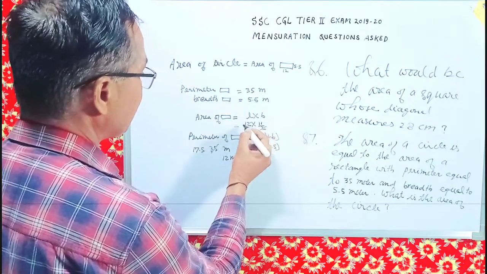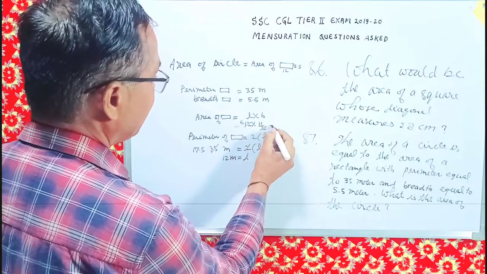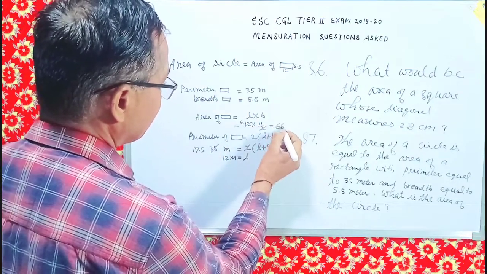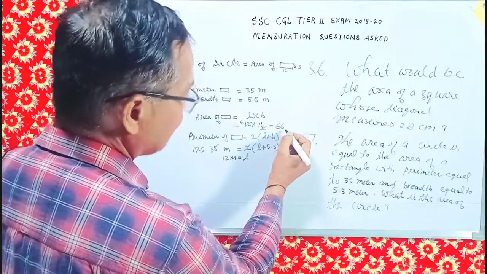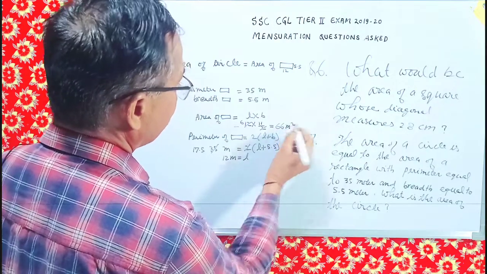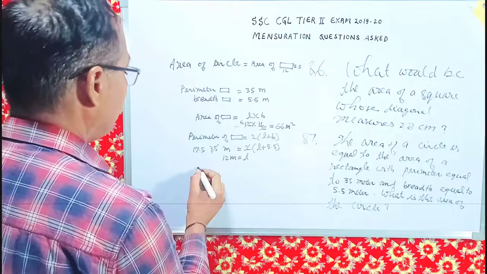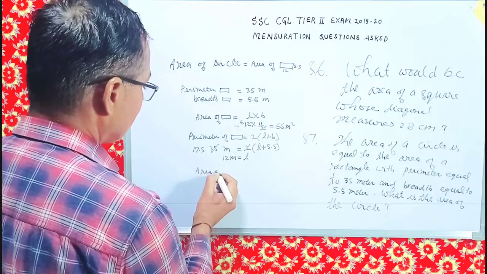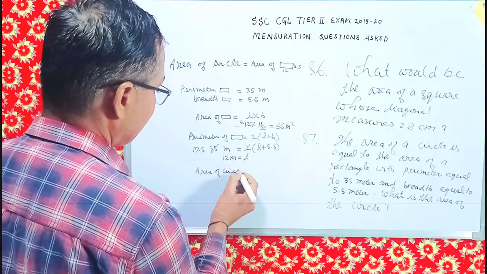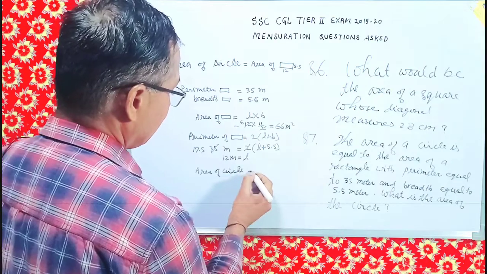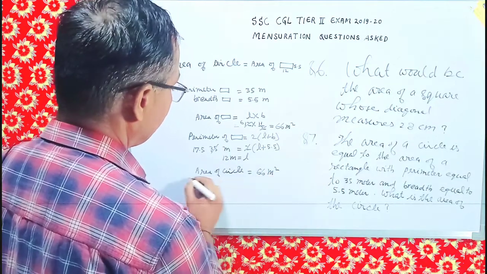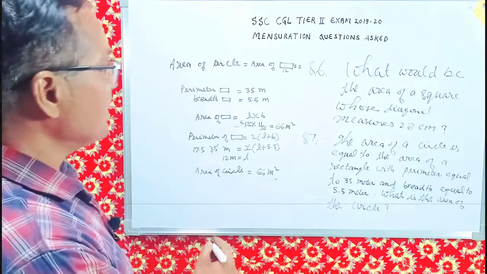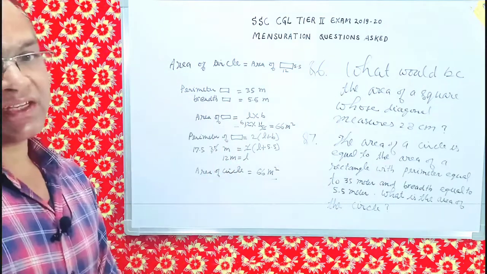So 2 sixes are 12, and 11 sixes are 66. So it will be 66 square meter. Area of circle is equal to 66 square meter. That way we can calculate.